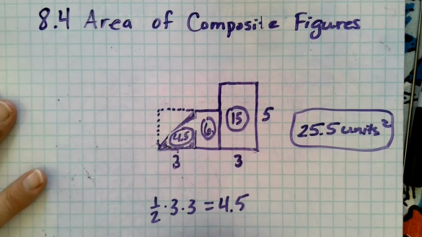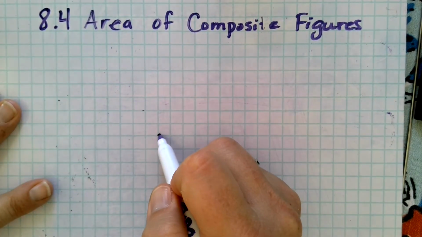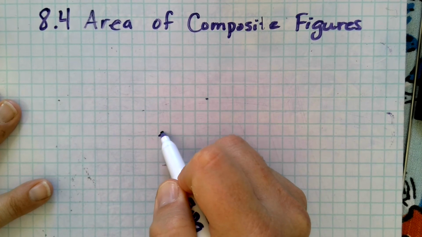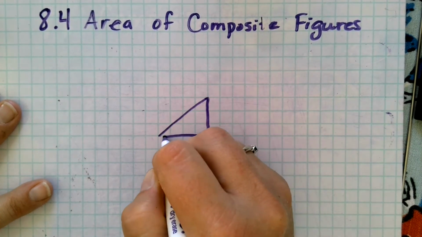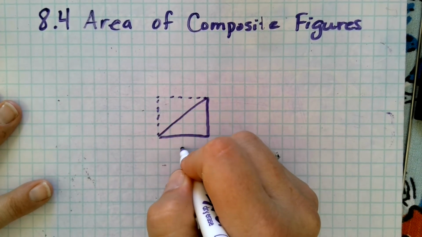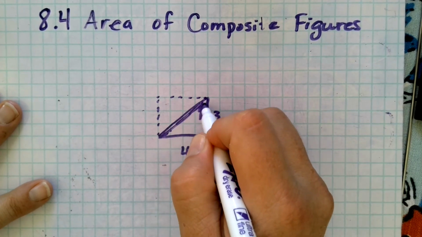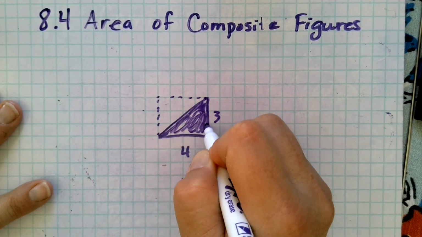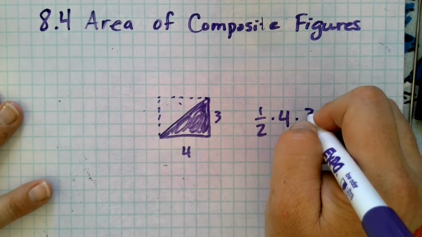And I also want to show you that that strategy works if you have a triangle that is a little different shape. So if it's like that, okay, that's your triangle. I want you to imagine that you had a rectangle that size, and here is 4, there's 3. The area of this is going to be 1/2 of the area of that entire rectangle. So we're going to say 1/2 of 4 times 3.